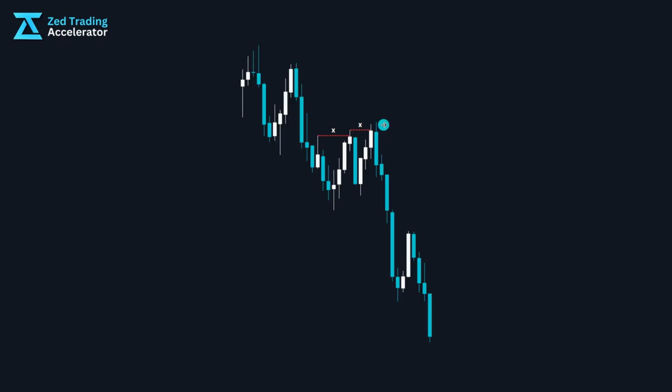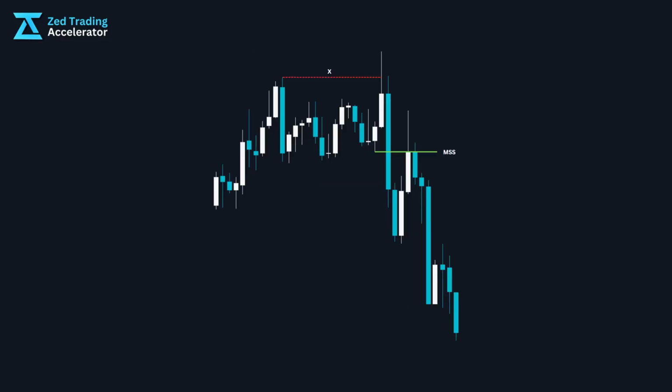No candle body close, no fair value gap. So that means this is not a market structure shift, right? This is simply just a liquidity grab. And as we can see, the price continued lower. This is it. This is simply just the answer to identifying break of structure, market structure shift, and liquidity grab.